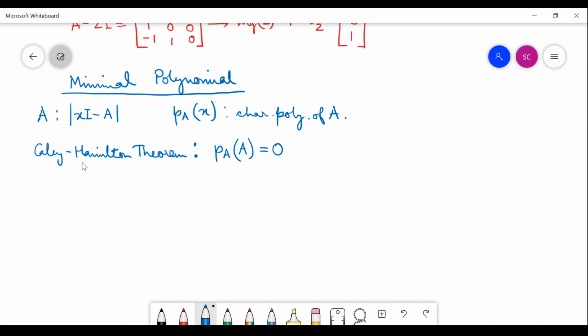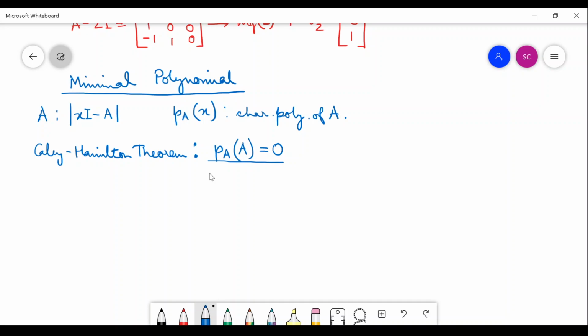So the Cayley-Hamilton theorem states this, and it is actually not the statement but an implication of Cayley-Hamilton's theorem. Cayley-Hamilton's theorem is actually much broader.